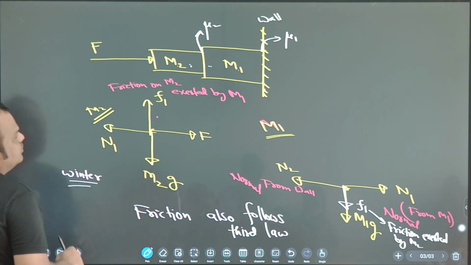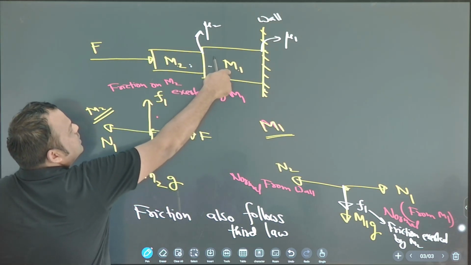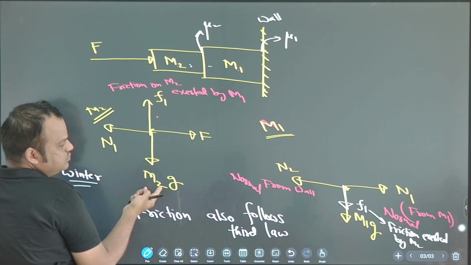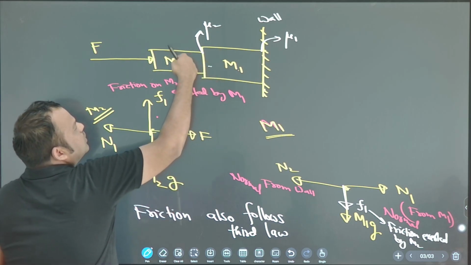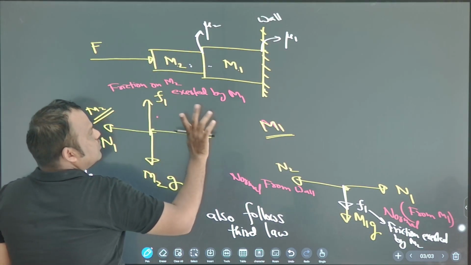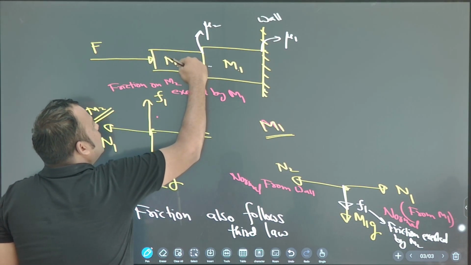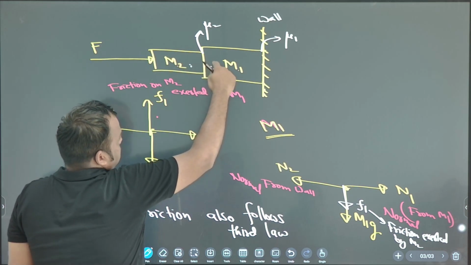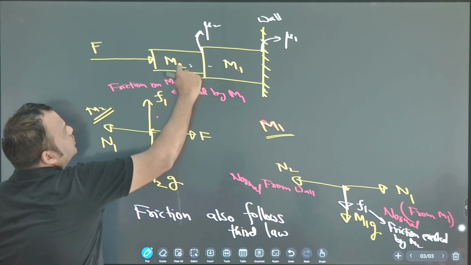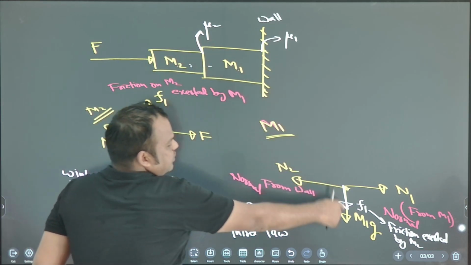Action-reaction. So with respect to M1, M2 is going down because of Mg, so friction on M2 is up. So friction on M1 will be down.